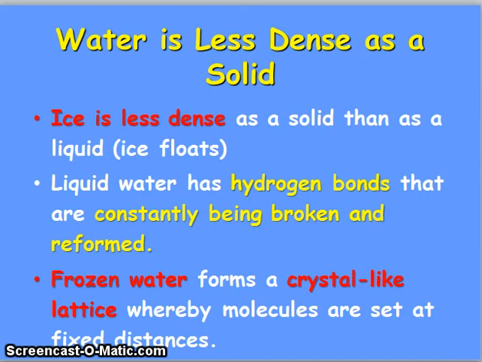Water's less dense as a solid, so ice is less dense. It will float. Liquid water has hydrogen bonds that are constantly being broken and reformed. Frozen water forms like a crystal, a lattice, where the molecules are set at fixed distances.